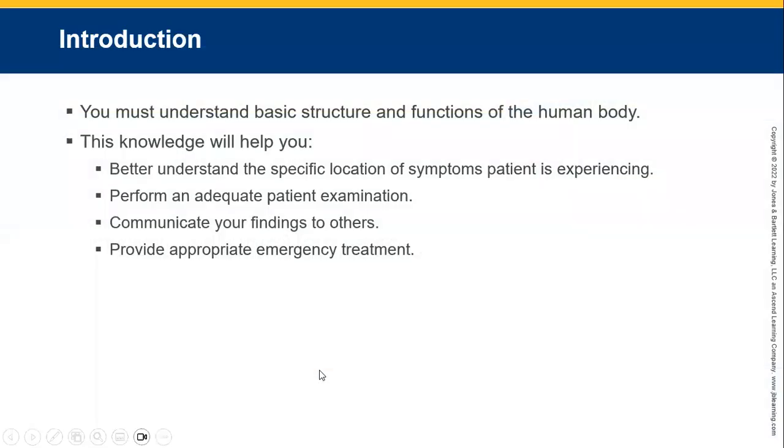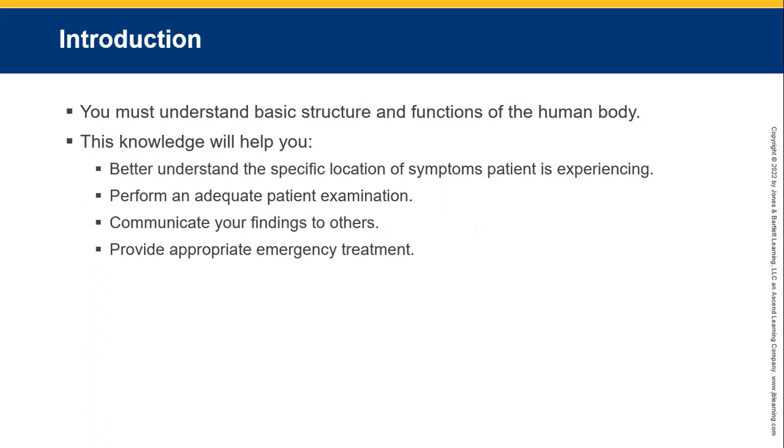All right. You must understand the basic structure and functions of the human body. We can't be an emergency medical responder unless we know where the body parts are. We need to understand the underlying conditions and what symptoms the patient is talking about. We need adequate information upon examination of the patient.